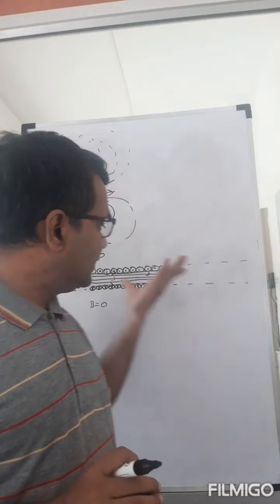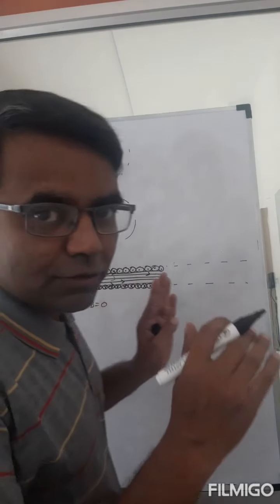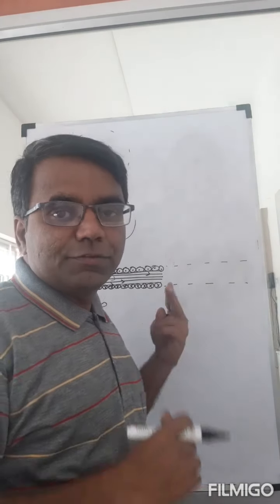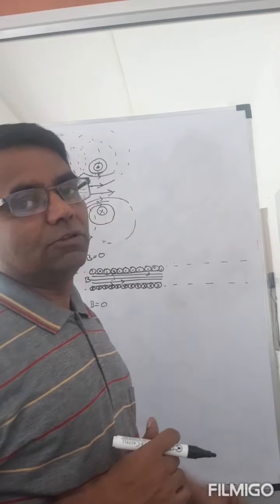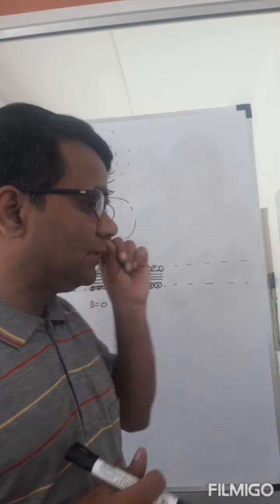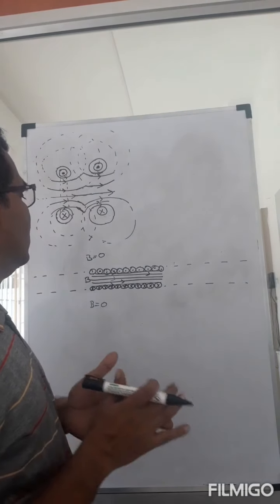In that case, this will hold good. So I hope you understand the magnetic field lines in a solenoid. If you do, then we'll proceed to employ Ampere's circuital law to know the value of B inside.